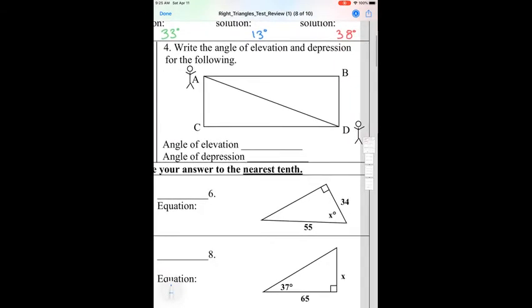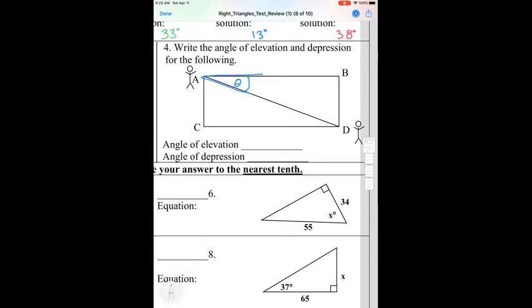Moving on, number 4 says write the angle of elevation and angle of depression. Remember, they both always start horizontally and then go either up or down. The angle of depression is going to be here, okay? What it's asking us to do is outline this angle.